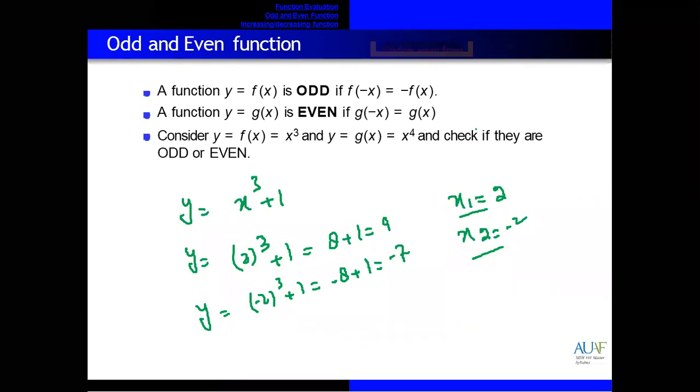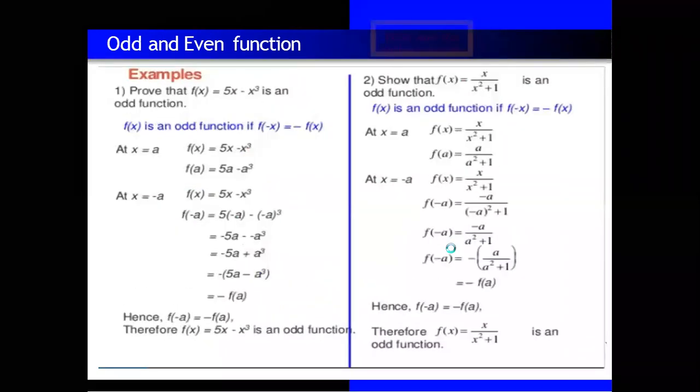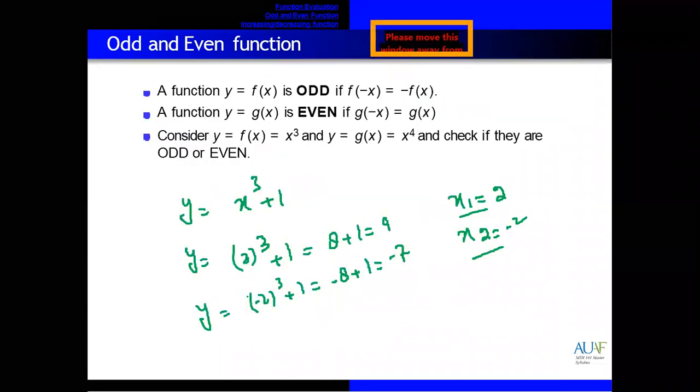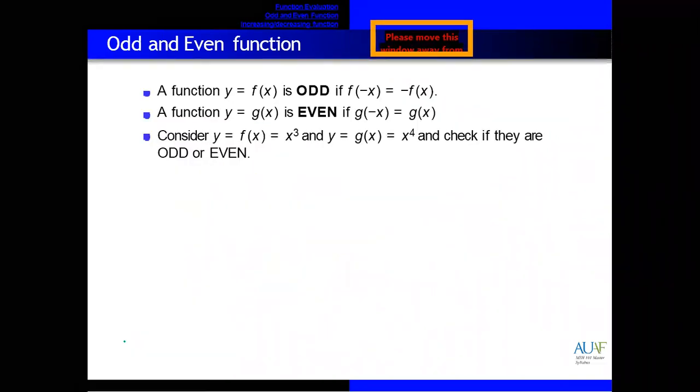So, an example of an odd function, let's discuss here. If we have 5x minus x cube, let's try here. Y is equal to 5x minus x cube.